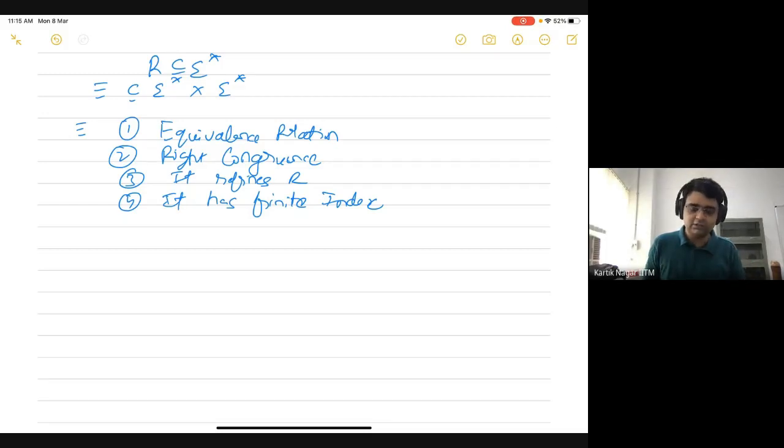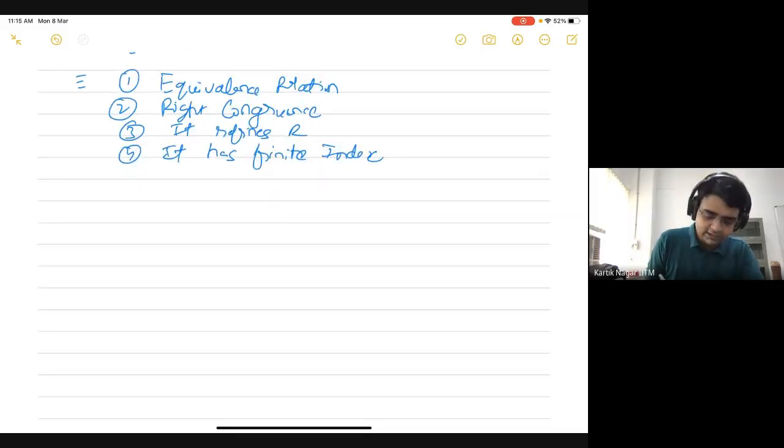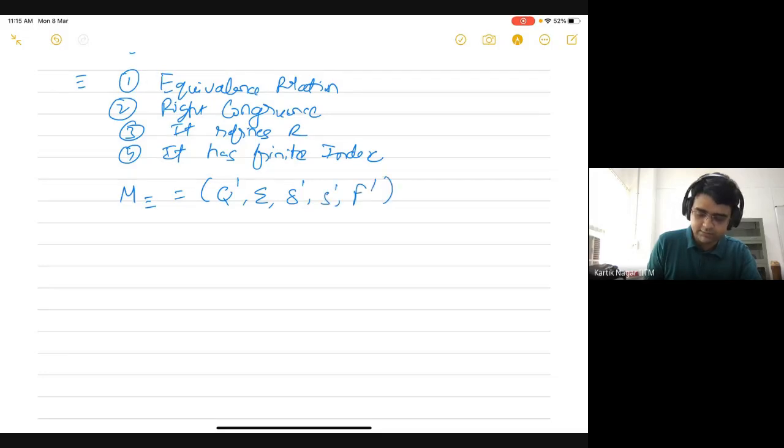And how do we do that? That's very straightforward. Let's construct a DFA from this particular relation. We'll denote this DFA by this symbol. This DFA is going to have some set of states, some transition function, some start state, and some set of final states.